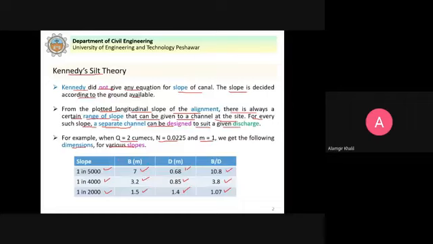So that is why some guidance is necessary, that for the given discharge, which channel will be best suited.